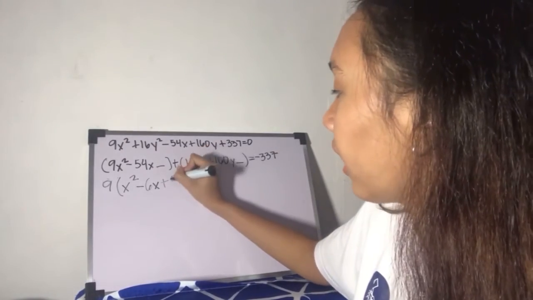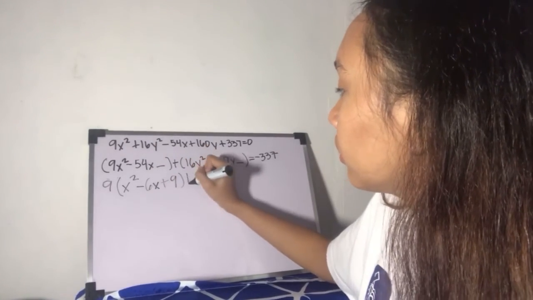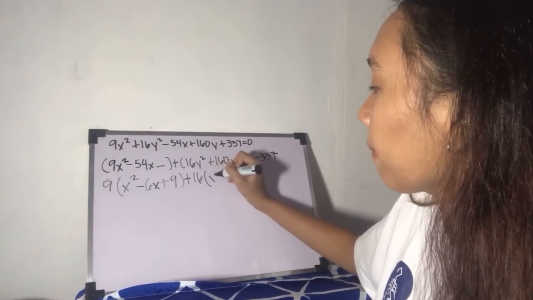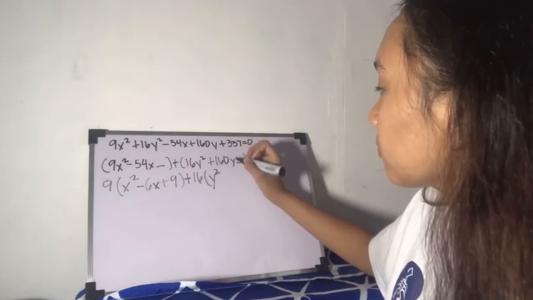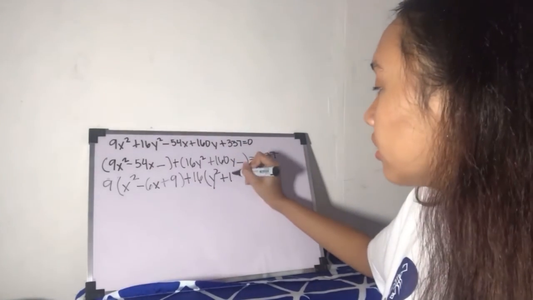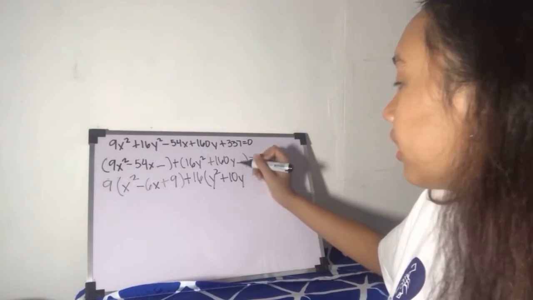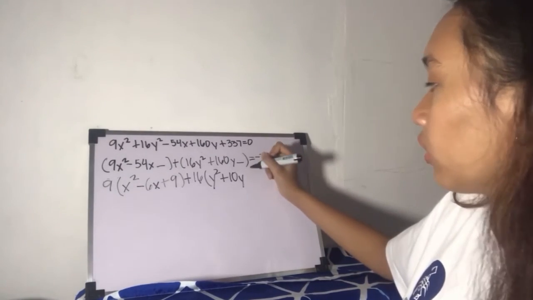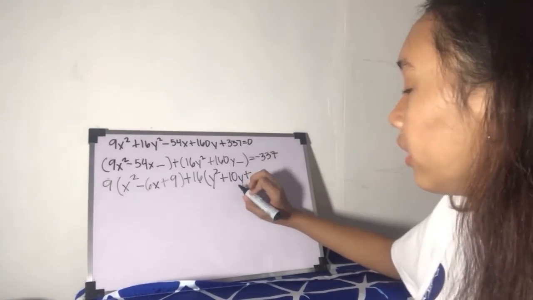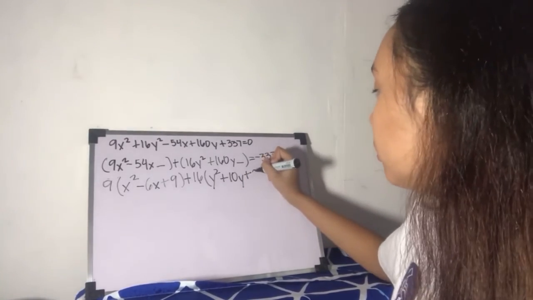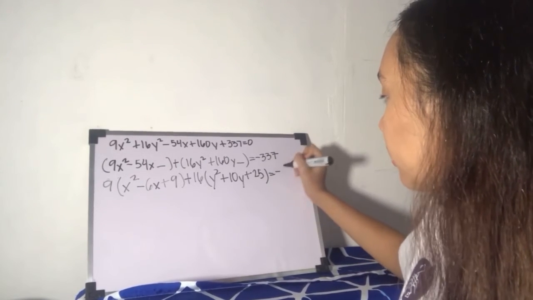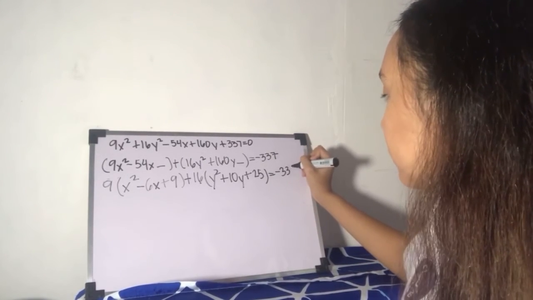And that will be 9, plus 16 times y squared plus 160 divided by 16 is 10. Again, to fill the blank here, we are going to divide the middle term by 2 and square. That will be 25, equals negative 337.